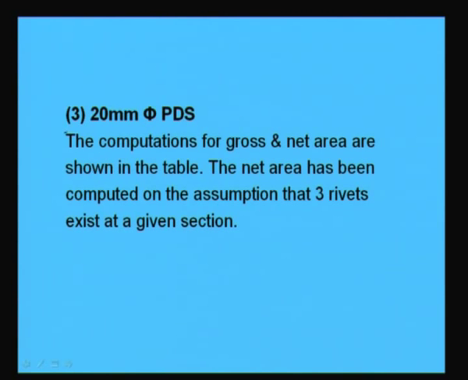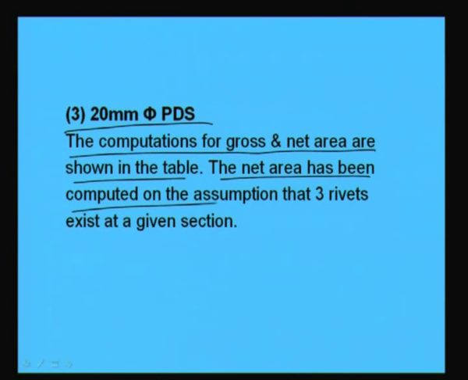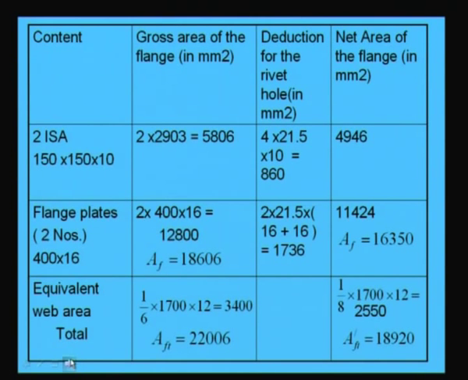Now, for rivets, the computations for gross and net area are shown in the table. The net area has been computed on the assumption that 3 rivets exist at a given section. So, with these assumptions, we will find out gross area and net area, and these are shown here, right.